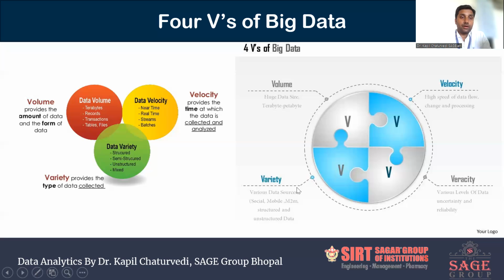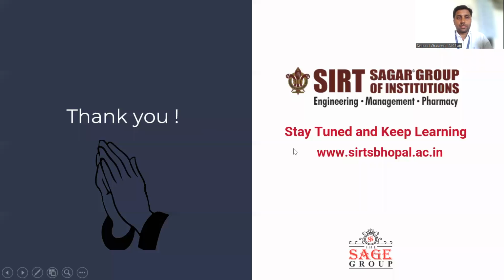If our data is not reliable, then we cannot get appropriate or reliable knowledge, and that will affect our decision. That kind of thing is not acceptable in big data. So we have these four properties in big data, and if any kind of data has these four properties, then we can say that data is big data.